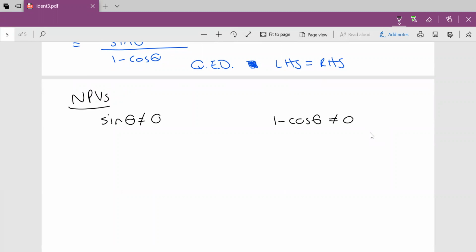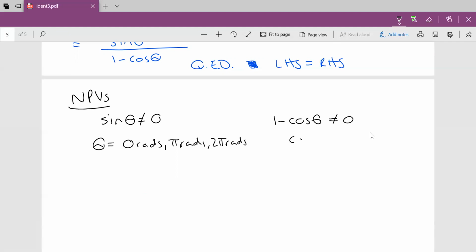Let's stick in radians. That's kind of the common one we get here. So where is sine theta equal to 0? Sine theta is equal to 0 at 0 rads, pi rads, 2 pi rads, and so on. If you're thinking of this in the history lesson, that's the sun. It hasn't risen. It's still on the horizon.